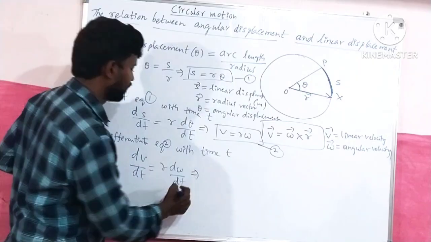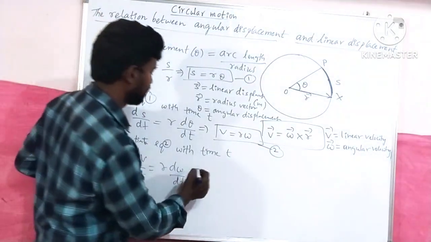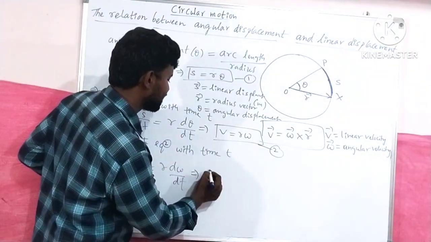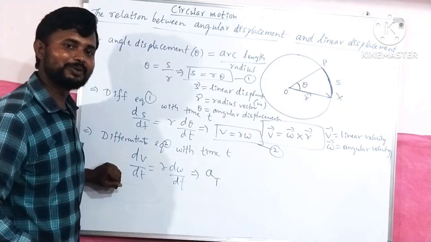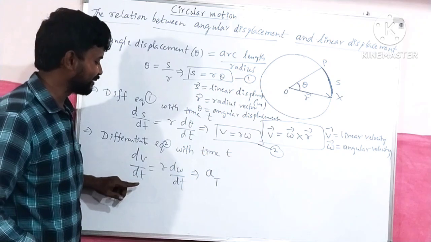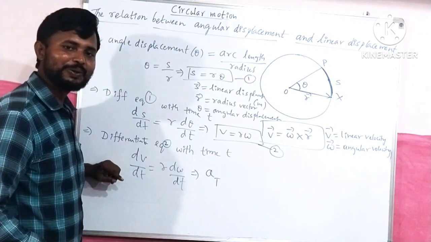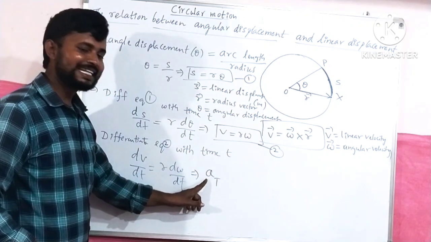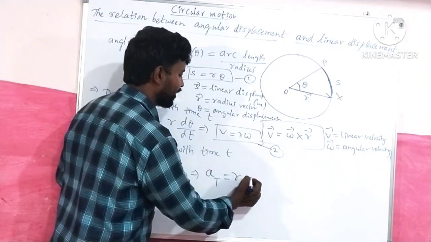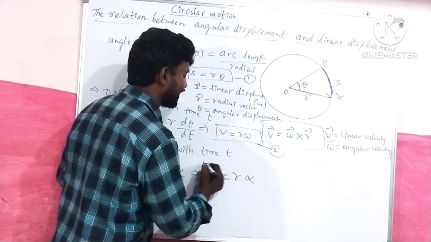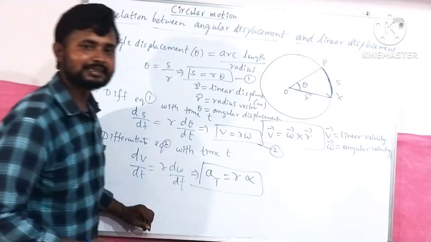Here dv by dt is nothing but the tangential acceleration a t, the change in velocity by time. So tangential acceleration a t equals r into d omega by dt, where d omega by dt is the angular acceleration.